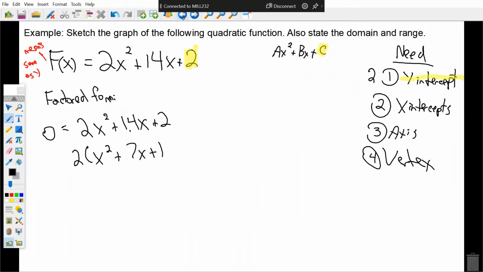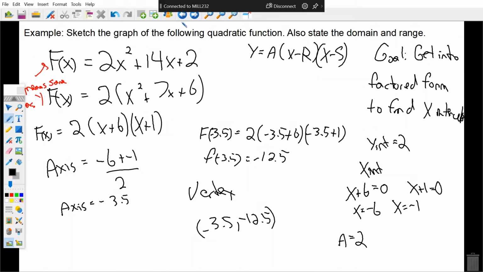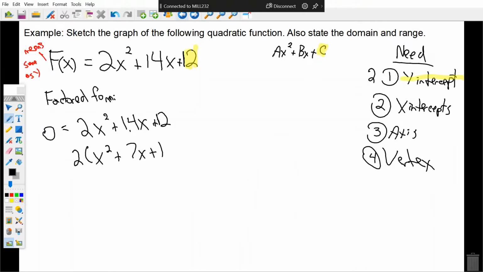Oh, this is supposed to be 12. I'm sorry. That's why this didn't make any sense. Make this 12. I think it is 12 because otherwise we can't factor it, but I'm just going to double check.